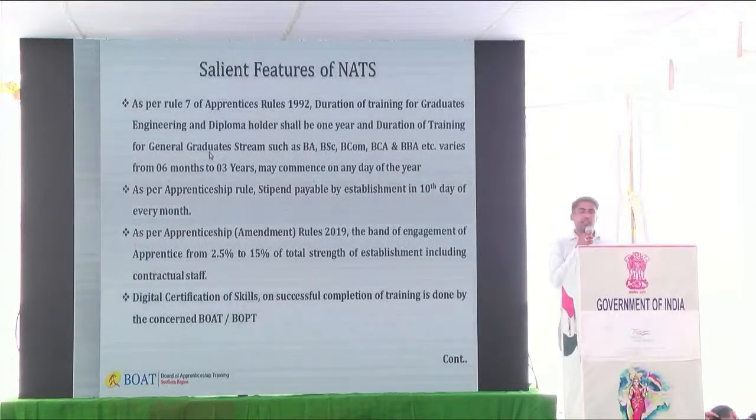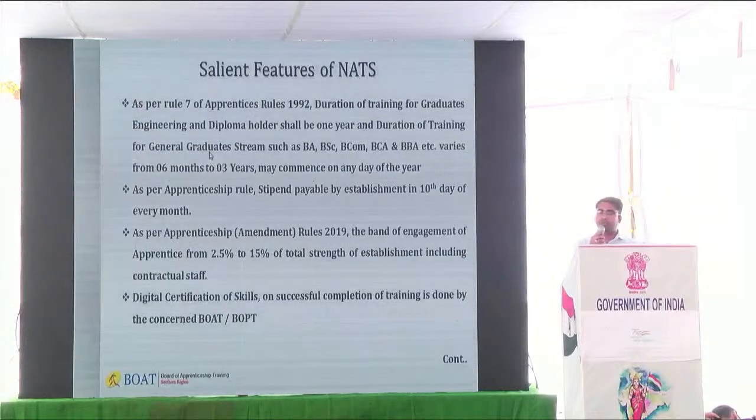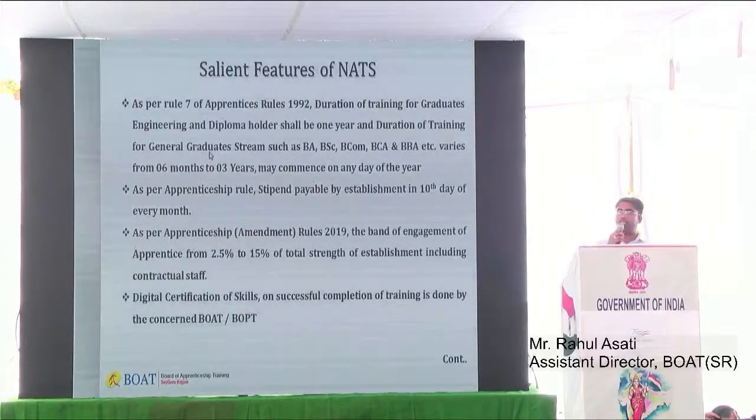As per the apprentice rule, they have to pay the stipend on the 10th day of every month. The number of apprentices varies from 2.5% to 15% of the total manpower. But if you have engaged 15% of total manpower as apprentices, you can take an additional 3% as per the apprentice rule, on special approval.